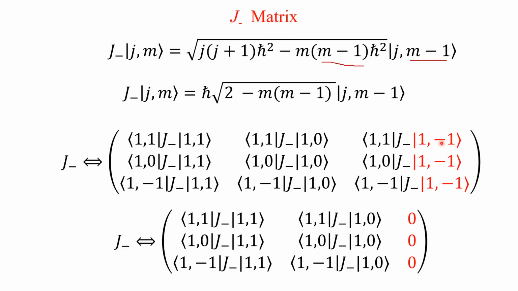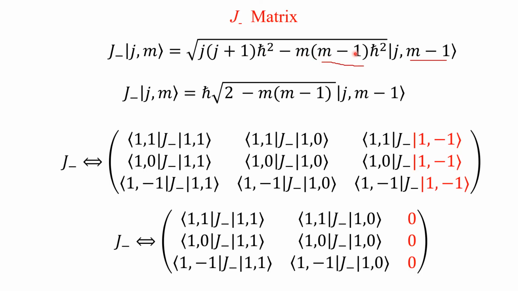Minus 1 is minus j. So the m value cannot go below minus j, that means below minus 1. So when this operator acts on the mth state, it cannot go below minus 1, so this will become 0. Not only that, if you substitute minus 1 here, what will happen?